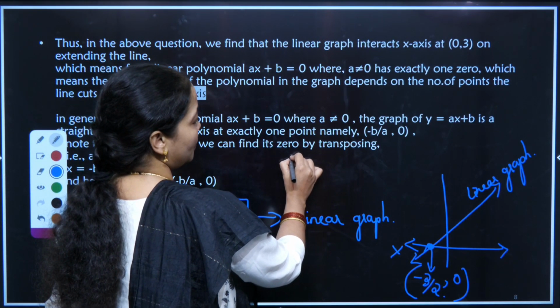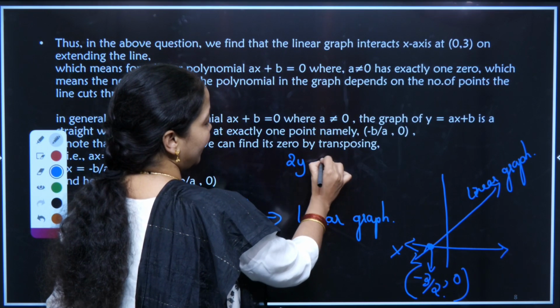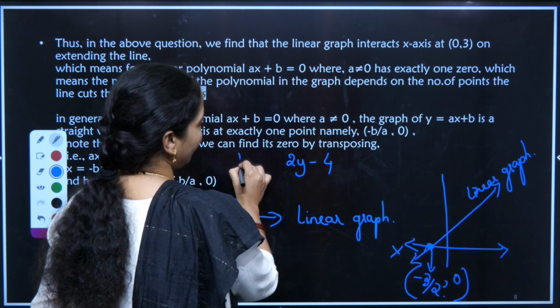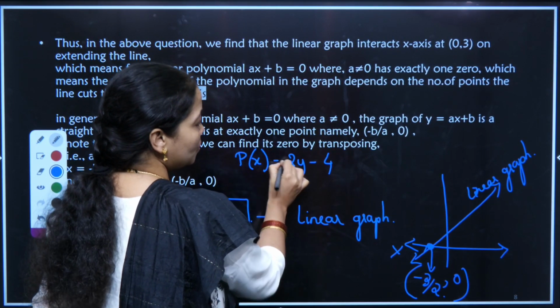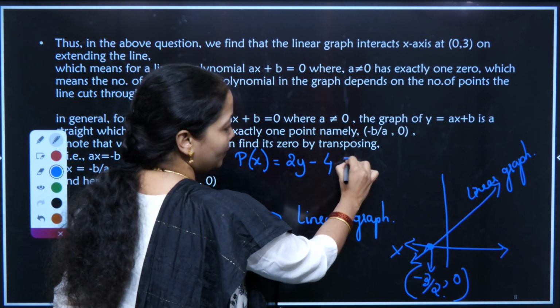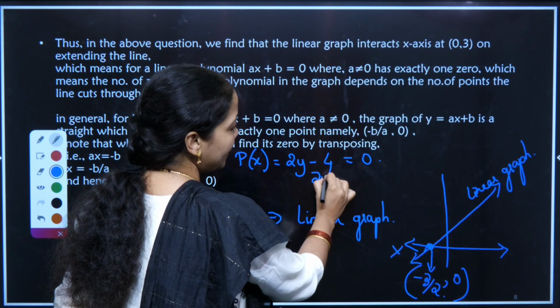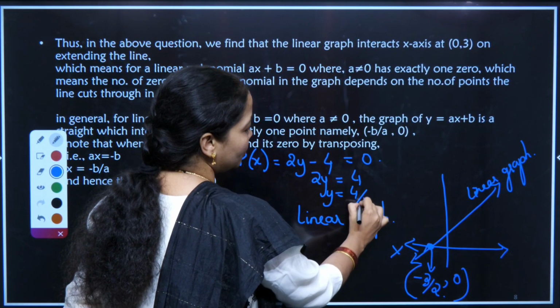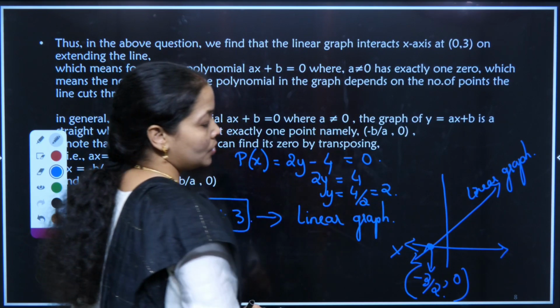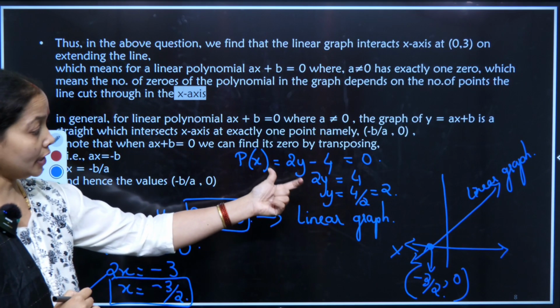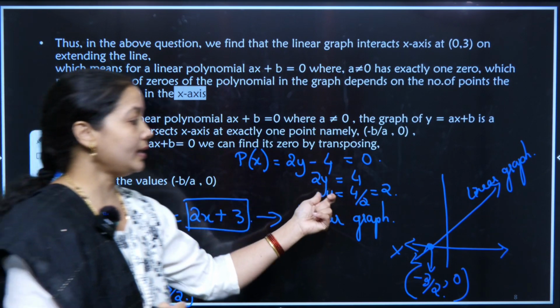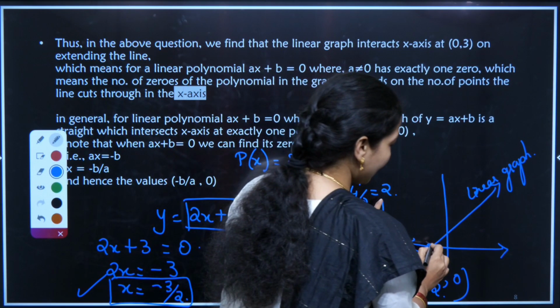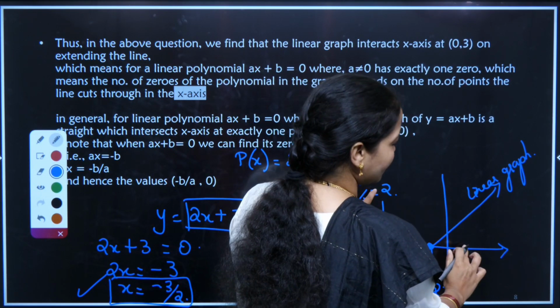If p of x was equal to 2y minus 4, I will equate this to 0. 2y is equal to 4 and y is equal to 4 by 2, that is 2. So this is an equation in which my graph will touch the x-axis exactly at positive 2.